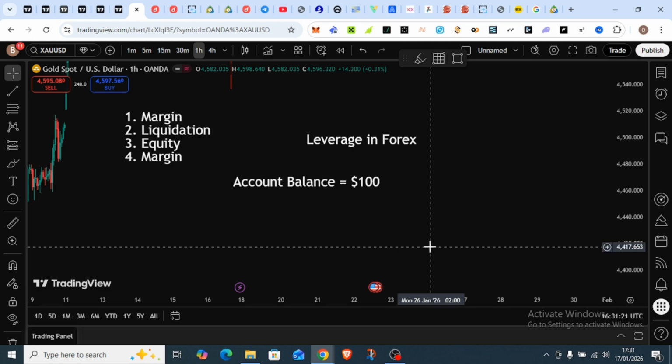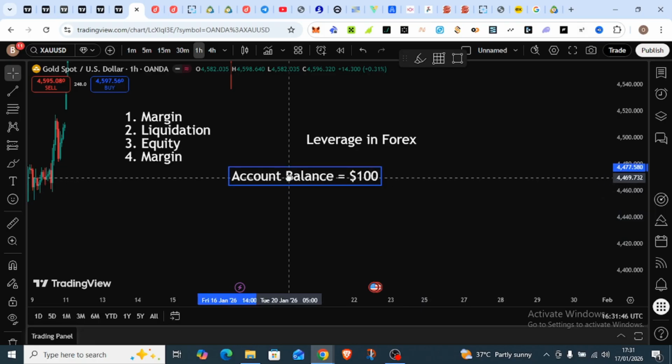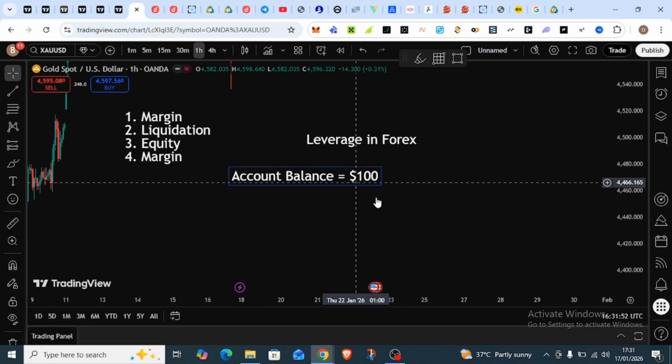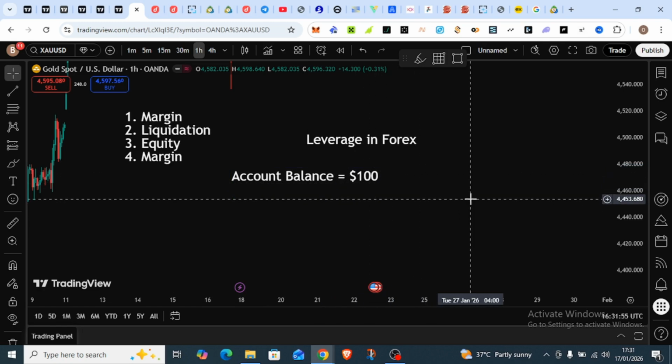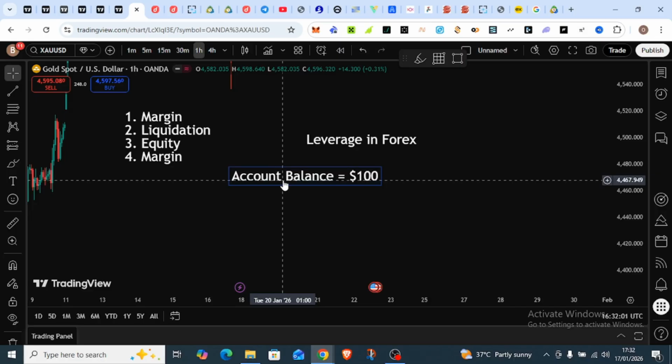Leverage is simply a borrowed money from broker that allows a trader to place a higher position that the money in the account cannot place. Just as the name implies, you leverage on the money made available by the broker to buy a higher quantity of the assets you wish to trade. So we have a trading account of $100 and we wish to place a trade that is greater than $100 in terms of units. We can use leverage to achieve that.